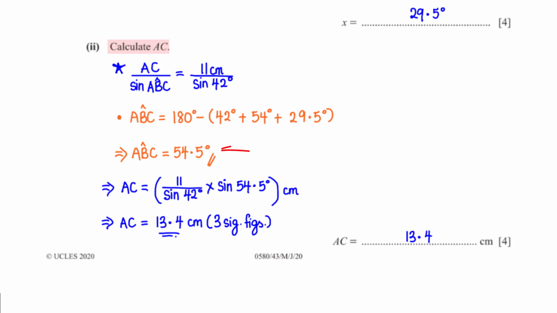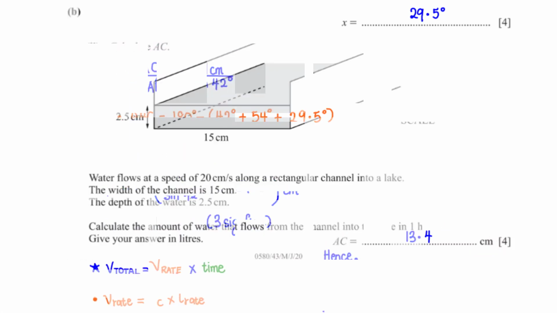This gives us 54.5 degrees. When we substitute the value of angle ABC into the equation and make AC the subject, we get 11 over sine 42 degrees times sine 54.5 degrees. When we type this into the calculator, we get 13.4 centimeters, correct to 3 significant figures.